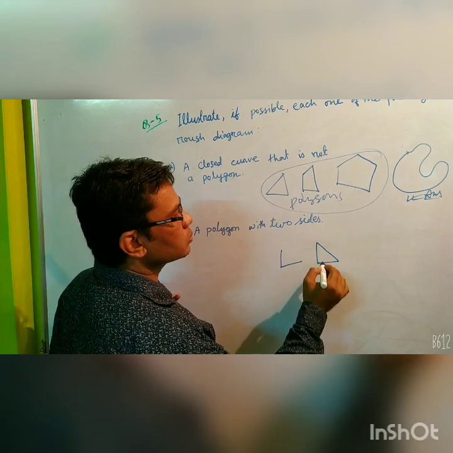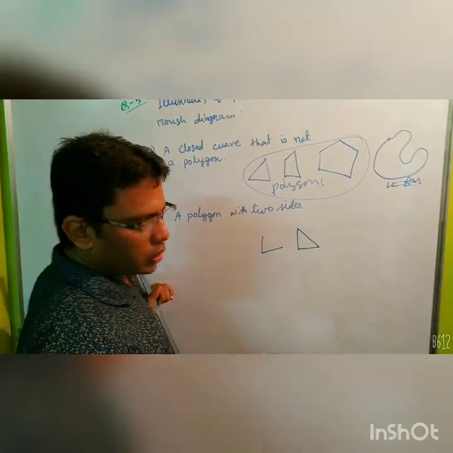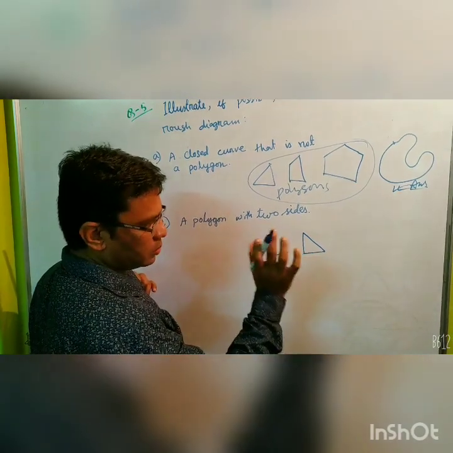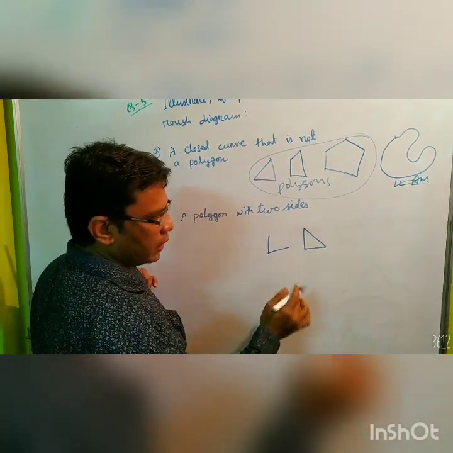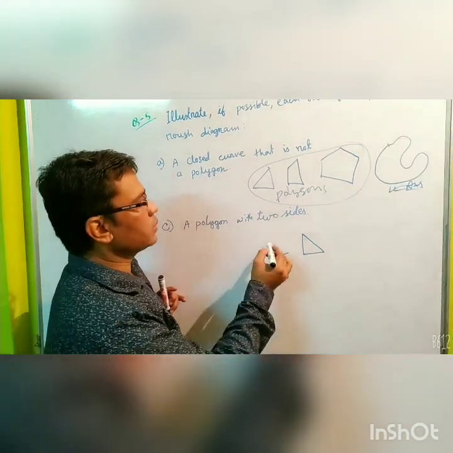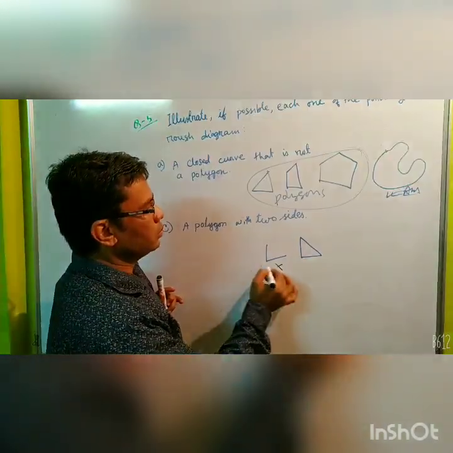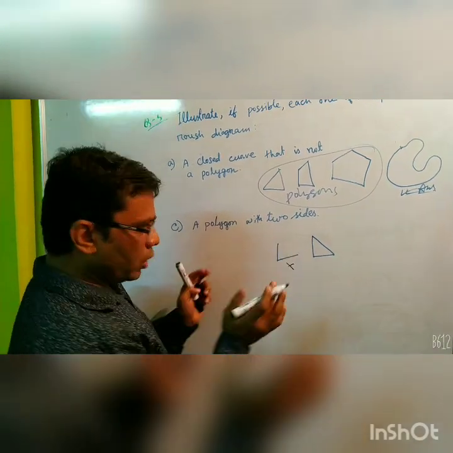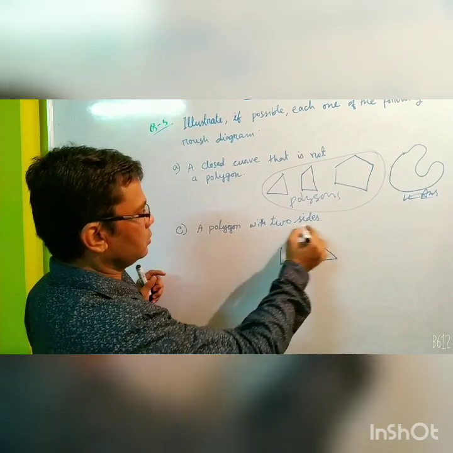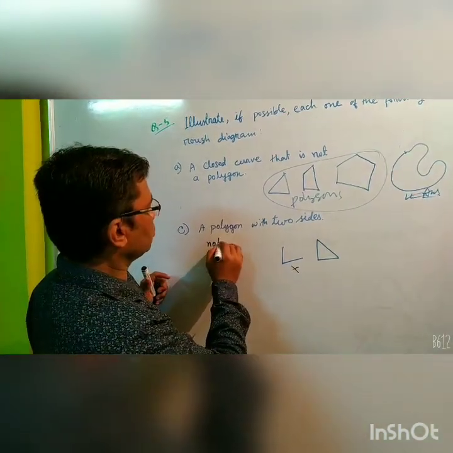So this is a polygon: a closed curve having straight line segments, 1, 2, 3. And poly means many. So it is not possible to draw a closed figure with two sides. This is not possible.